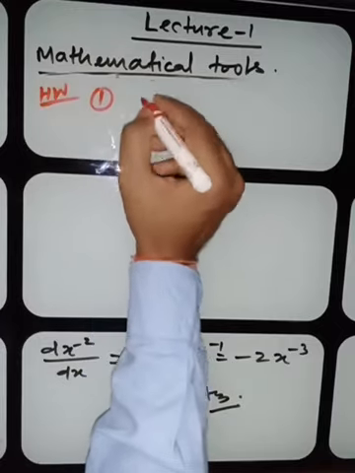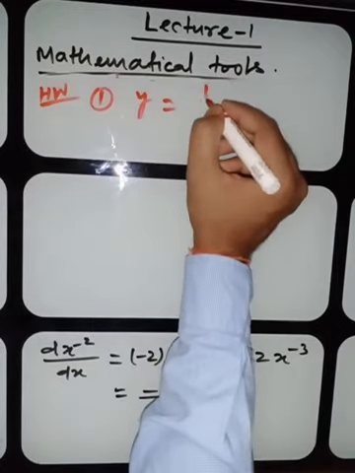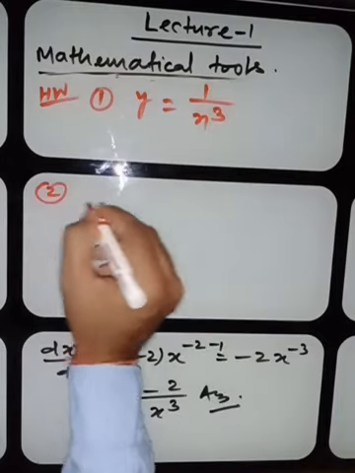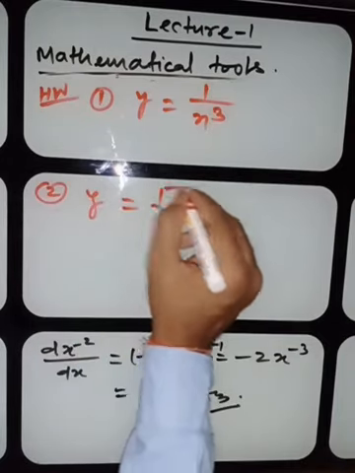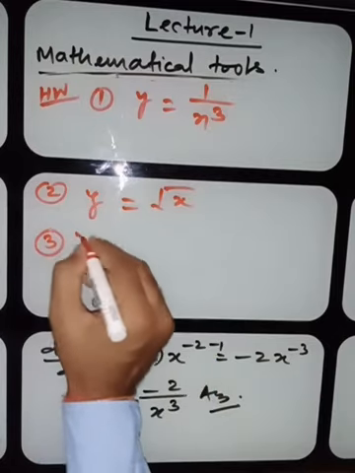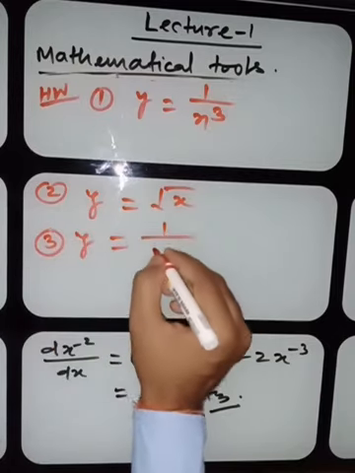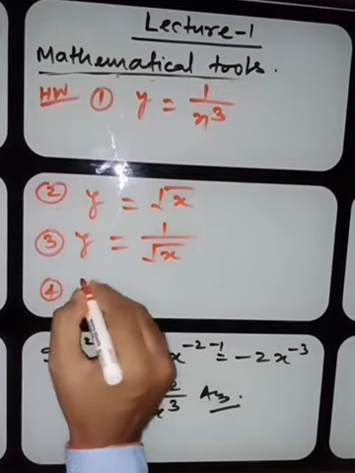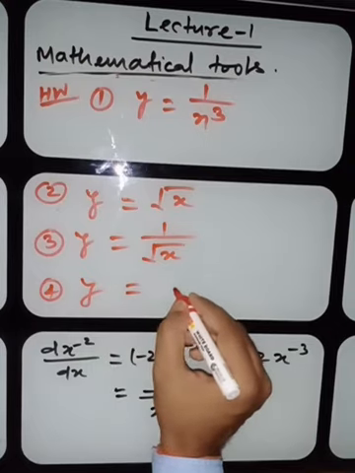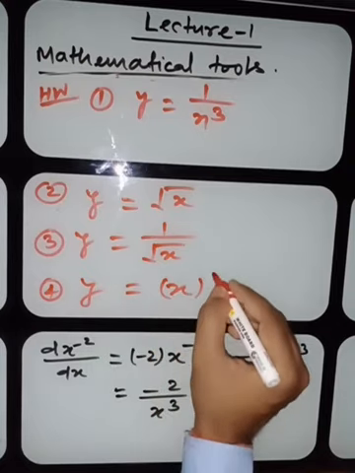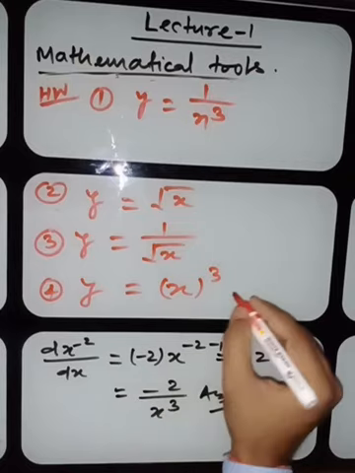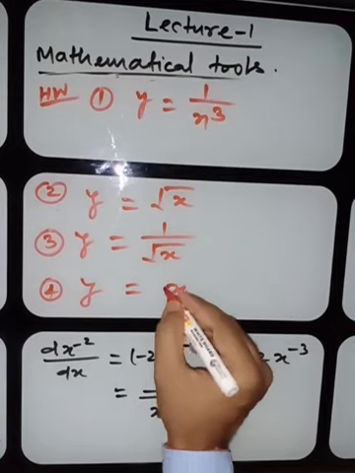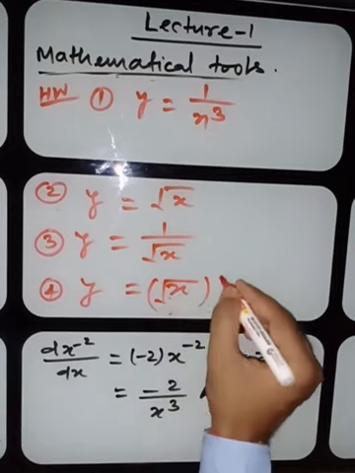The first, y is equal to 1 by x cube. Second, y is equal to root under x. Third, y is equal to 1 by root under x. Fourth, y is equal to root under x to the power 3.